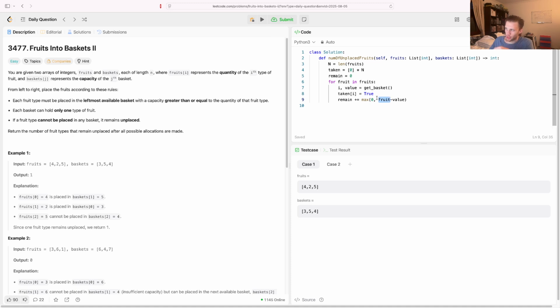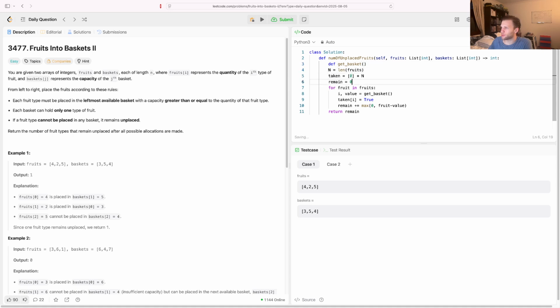But if fruits are greater than the basket, we are actually overflowing fruits in the basket. So that makes sense. And then we can just return remain here. This is a hard easy. Wow, okay. And then we just have to do the get basket function.